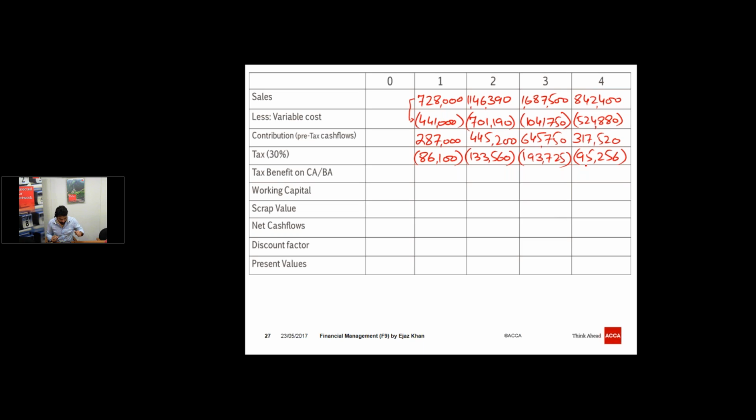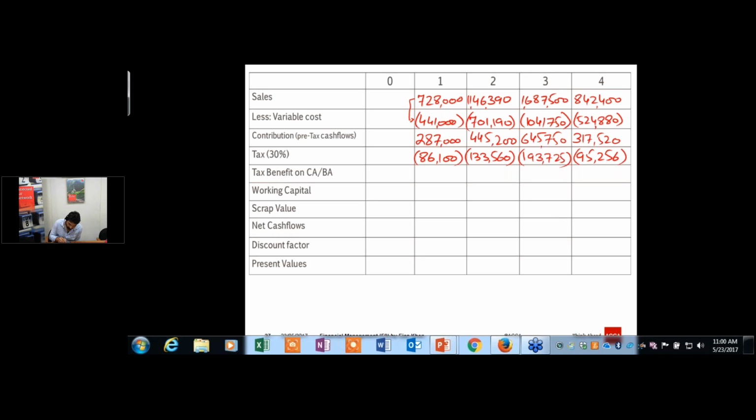Now, if you see, there is tax benefit on capital allowance and balancing allowance. Before I start this, I would like to answer your questions which you have up till now, because I don't want to get into this calculation before I have answered all the questions, because it's a technical one. So if you have any questions up till now, do ask me.